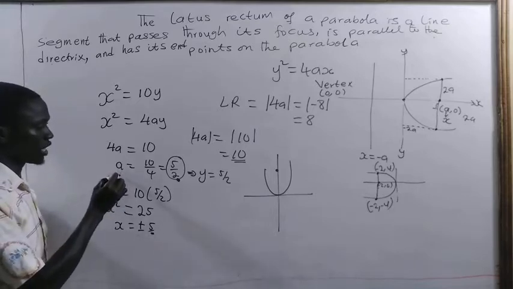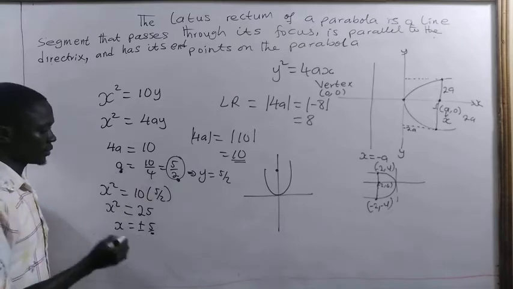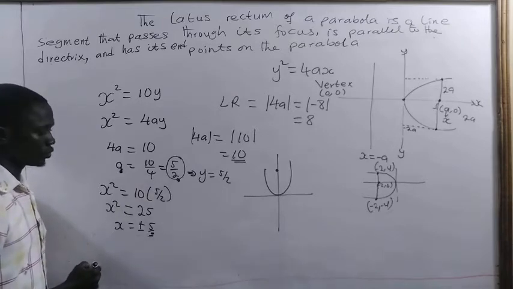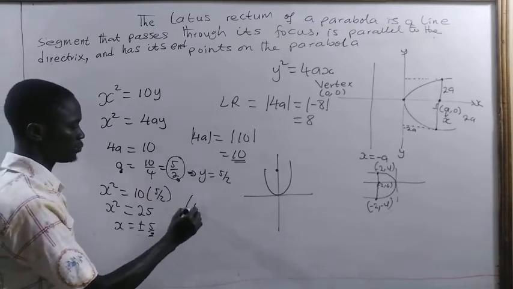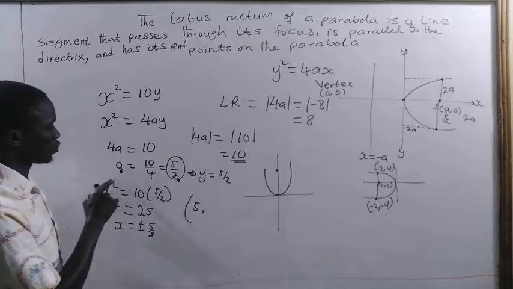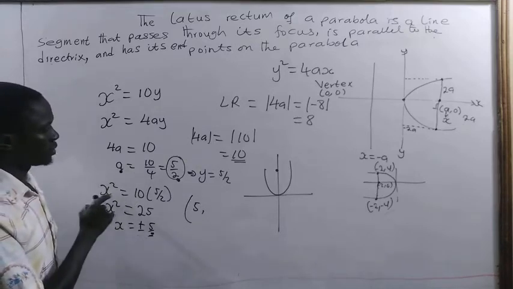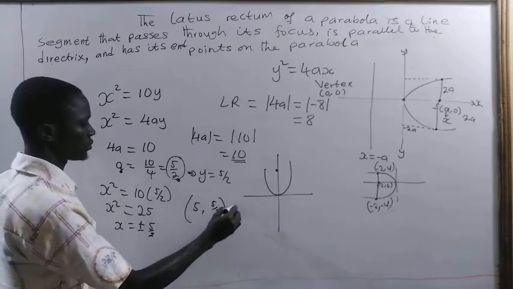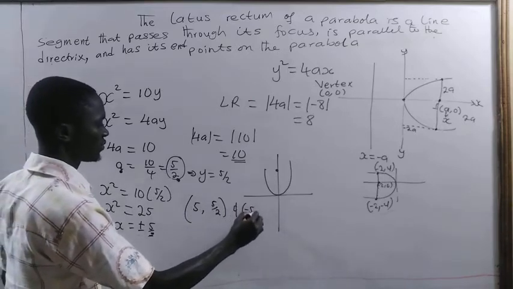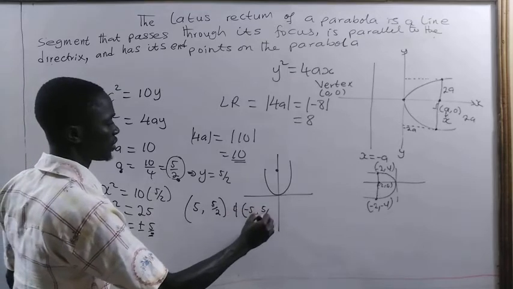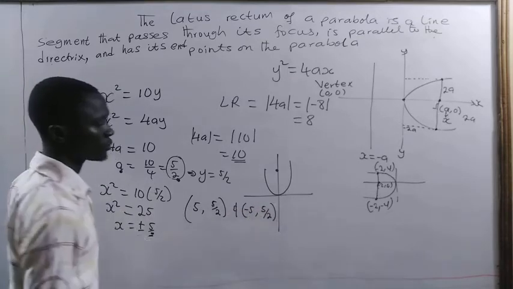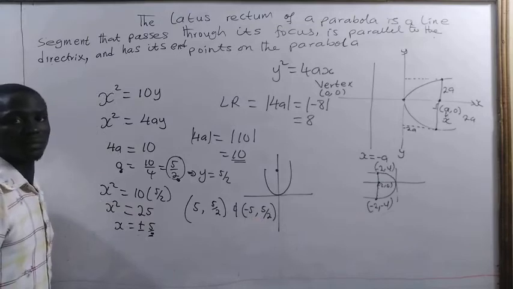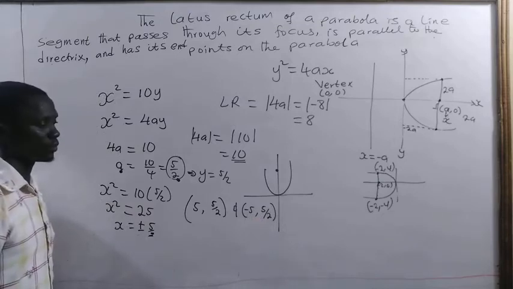We are going to use our x value and then our a. So here we are going to have positive 5, and a is what? a is 5 over 2. And negative 5, a is still 5 over 2. That will be the endpoints of the latus rectum.